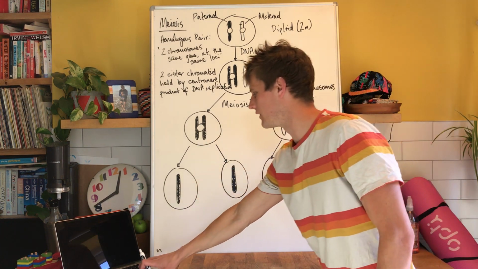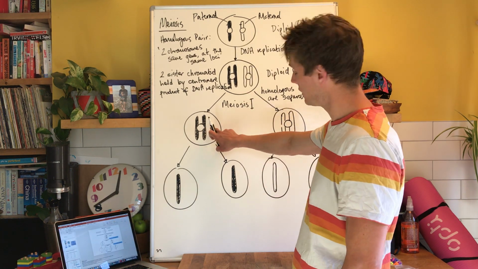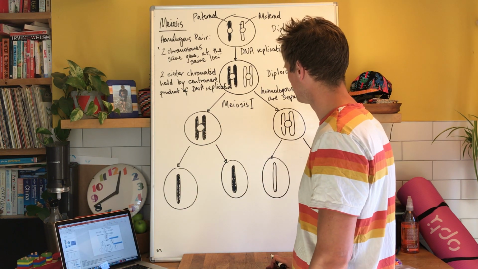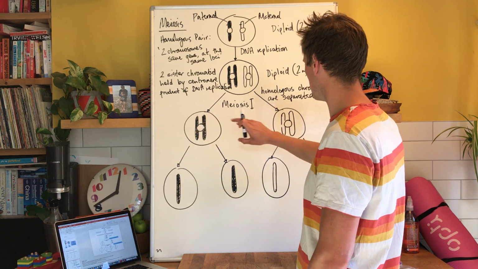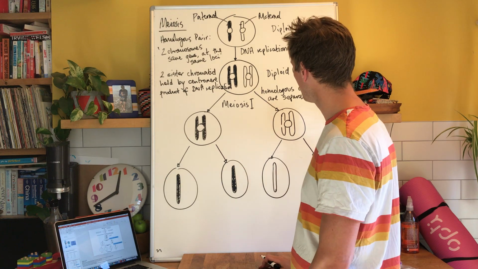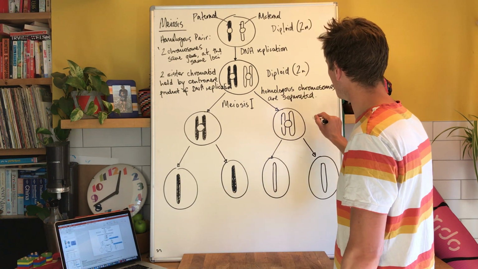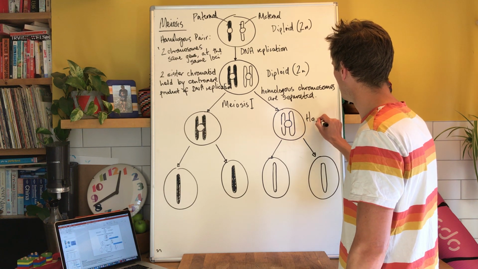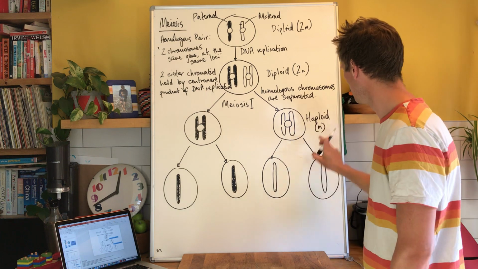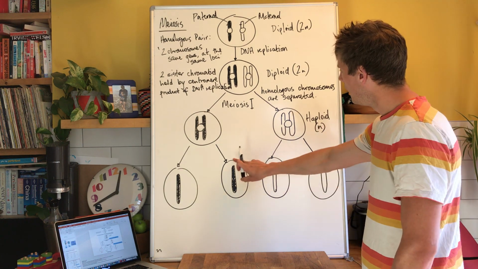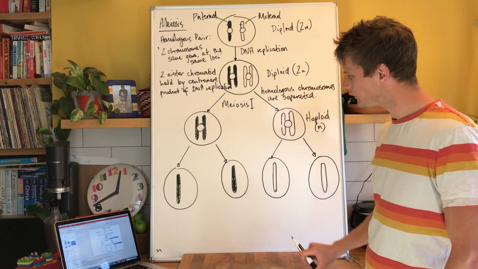Now each of these daughter cells contains just one of the members of each of the homologous pairs. So again, if we count the centromeres, or the homologous pairs, we've just got one of them, and you've guessed it, after that first meiotic division, the cell is haploid, or N. Okay, so that's during meiosis 1.